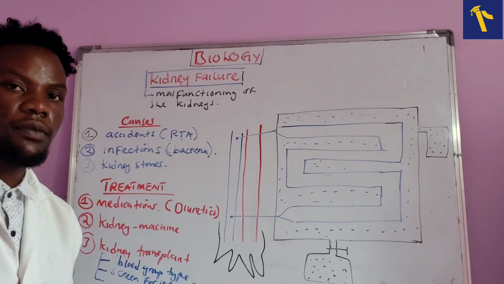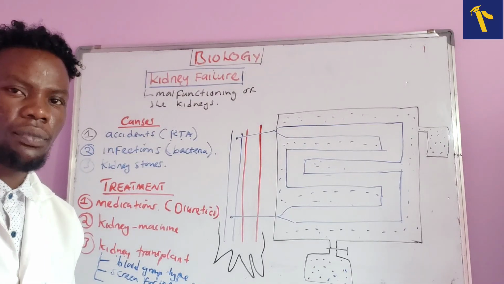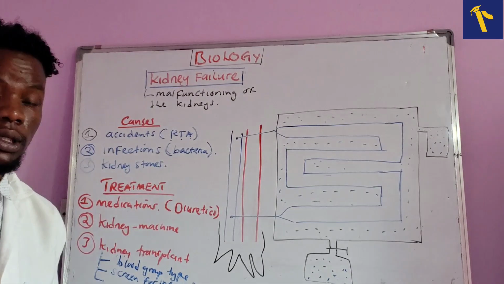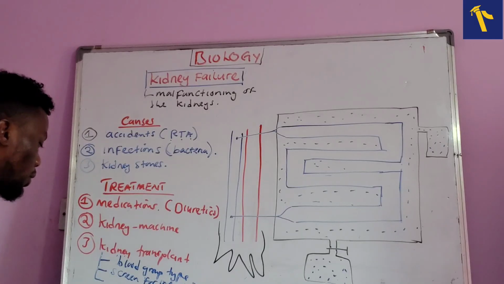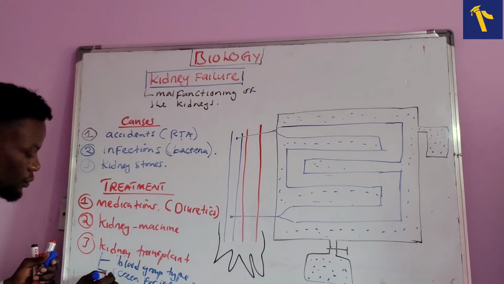You can't receive a kidney from someone who is older, maybe greater than 70. So also look at the age as well.